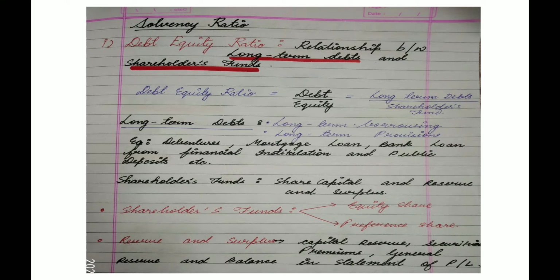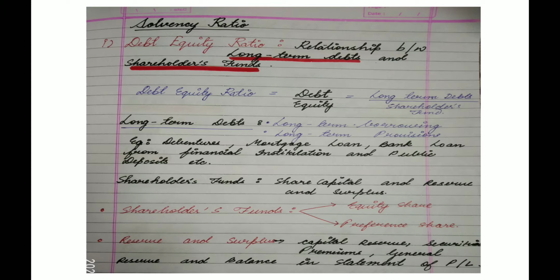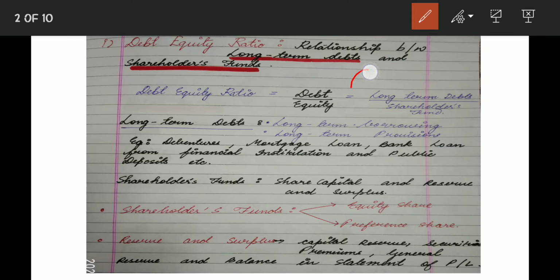So for calculating the debt equity ratio, we divide long-term debts by shareholders' fund. The debt equity ratio tells the proportion between the long-term debts and shareholders' fund. The ideal ratio of debt to equity is, remember that, 2:1.